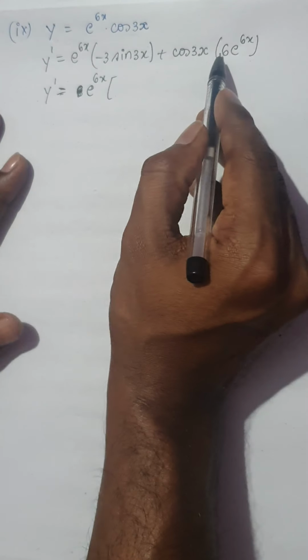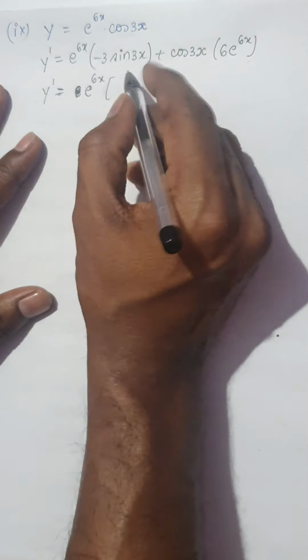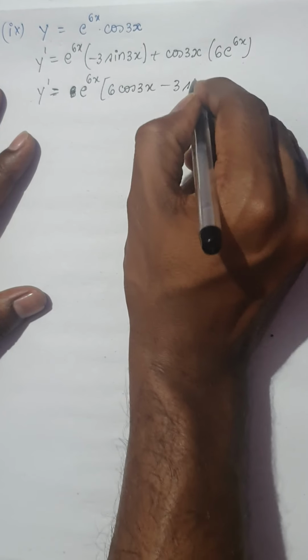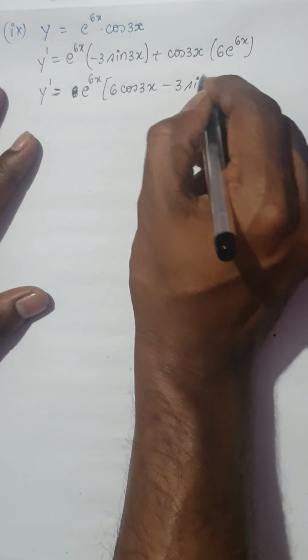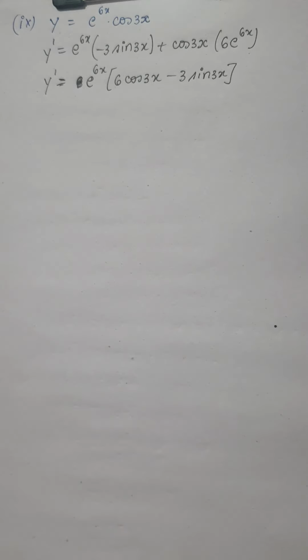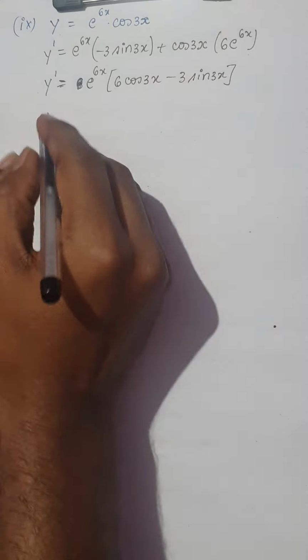So I'm going to write this term first because it is positive. So it is 6 cos 3x, okay, minus 3 sine 3x. Okay, remember this is just the first order derivative. Okay. Now let me differentiate again.